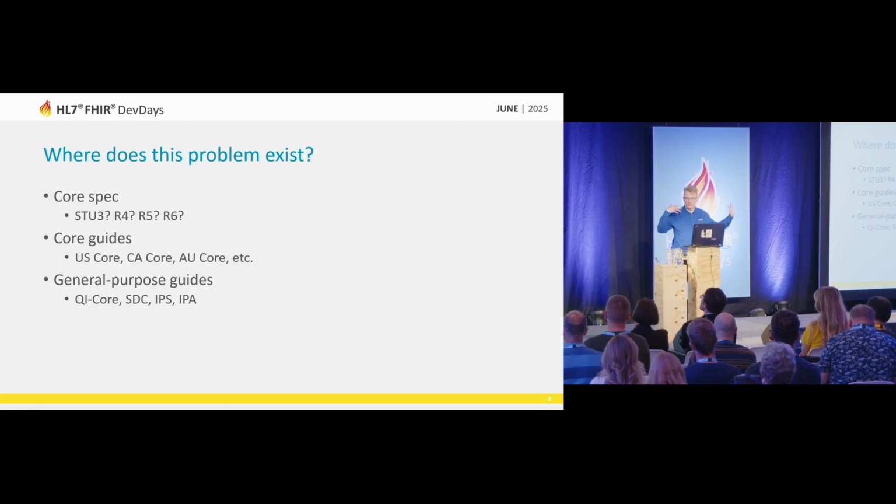And when I'm building a particular solution space implementation guide, whether that's for cancer or physical activity or whatever it might be, I kind of want to align with a bunch of these things. And they all have a whole bunch of different versions that I have to worry about.